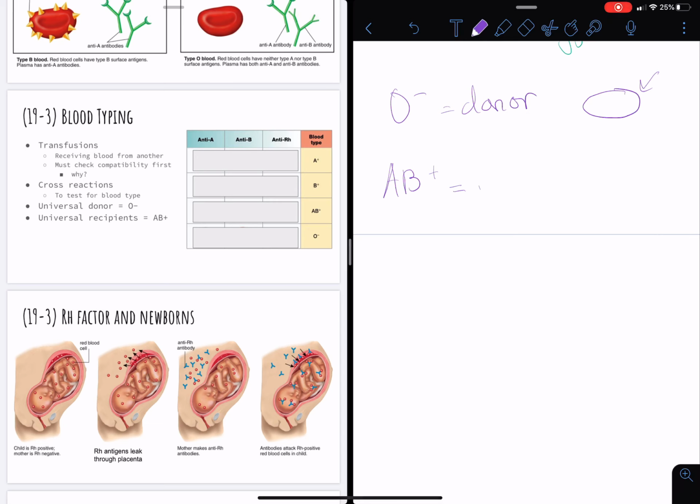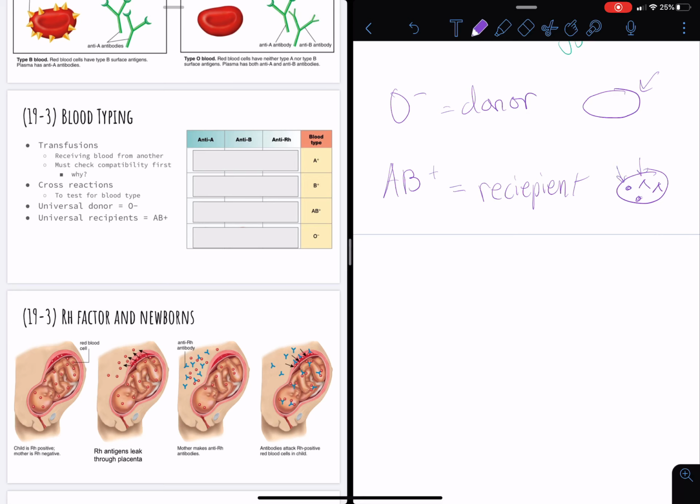But AB positive is going to be the universal recipient, because it's going to contain both the A and the B antigens, right? So it will be able to recognize both A antigens and both B antigens.